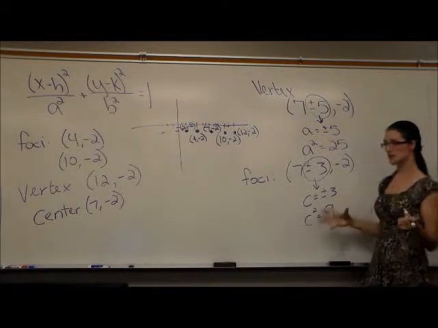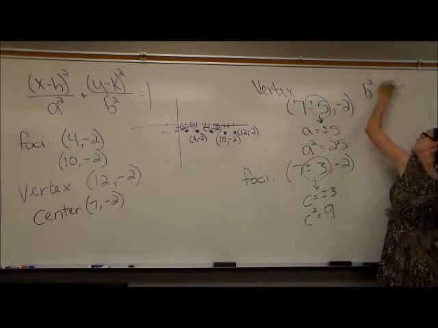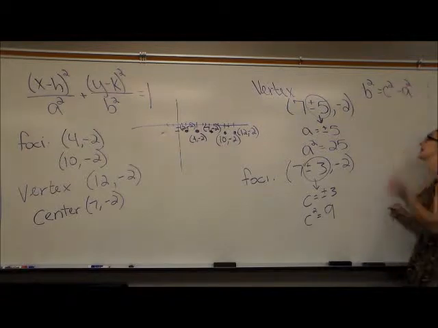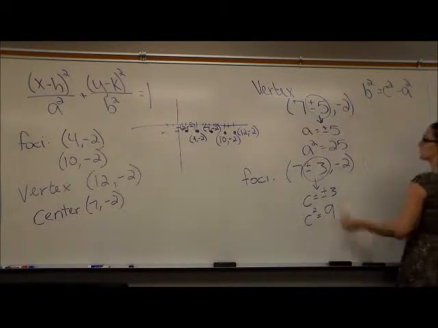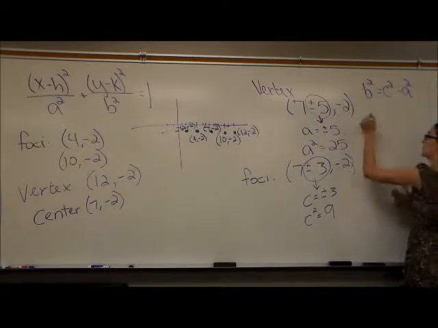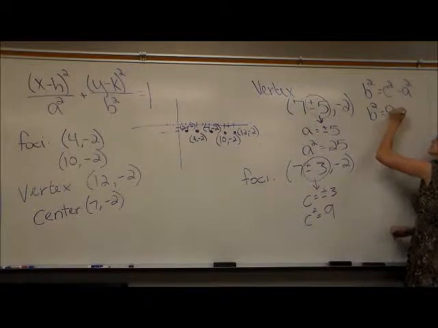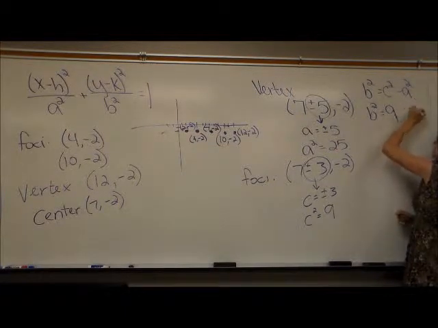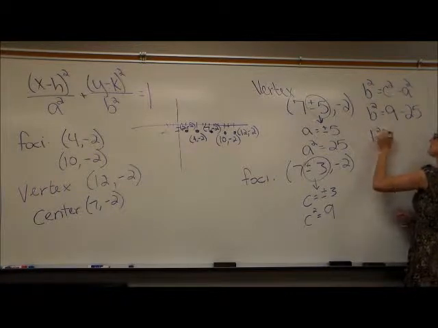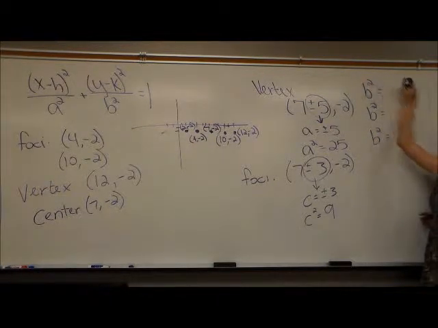So to get your B for your minor axis, B squared equals A squared minus C squared. Again, make sure that's memorized. This is for ellipses only. I'm sorry, I had that formula wrong at first.